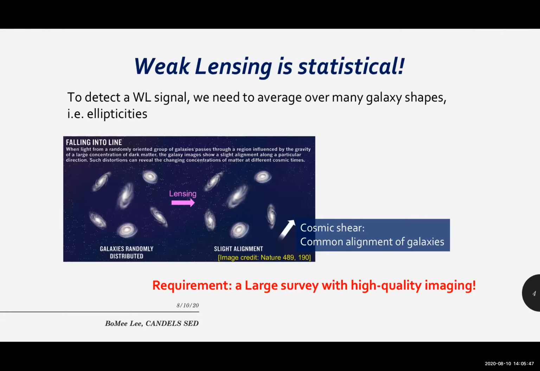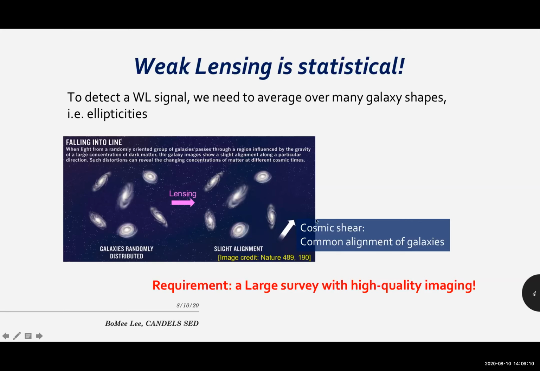weak. Galaxies are not intrinsically circular and they are actually randomly oriented. So when the light from a group of galaxies passes through the universe, the galaxy images show a slight alignment along a particular direction by weak lensing. This common alignment of galaxies is called cosmic shear.